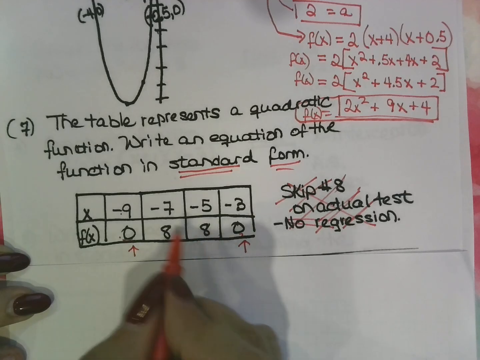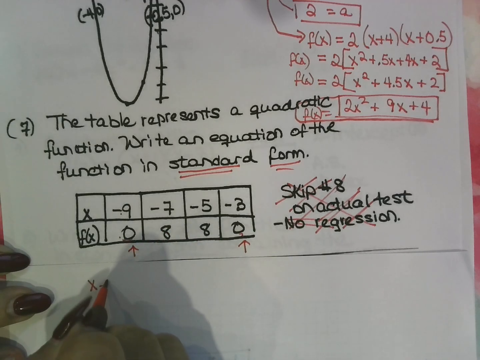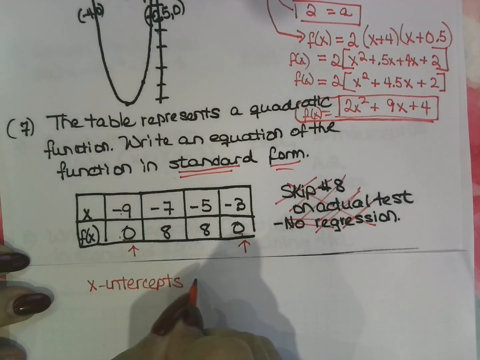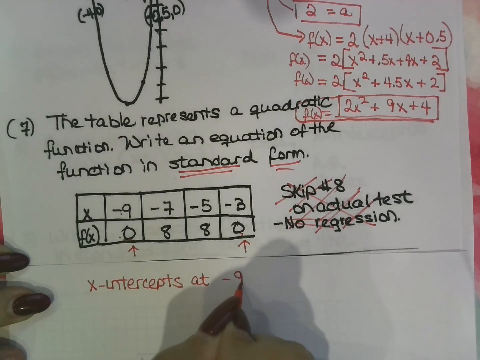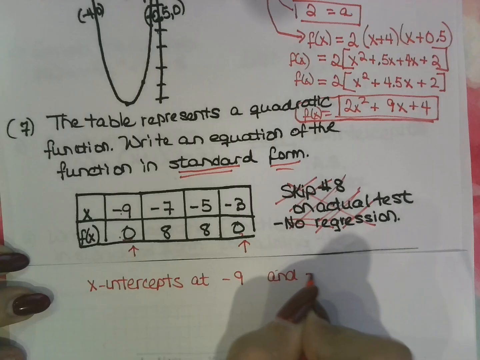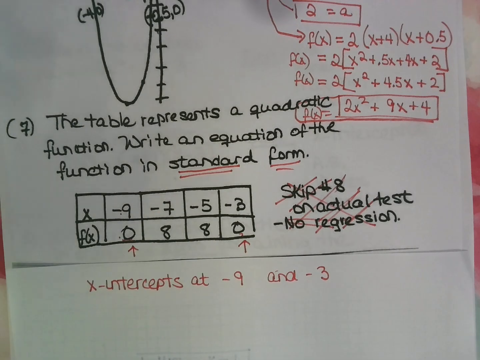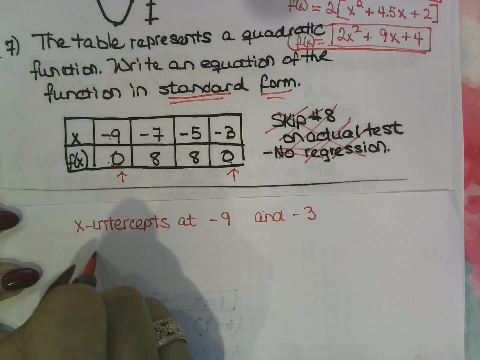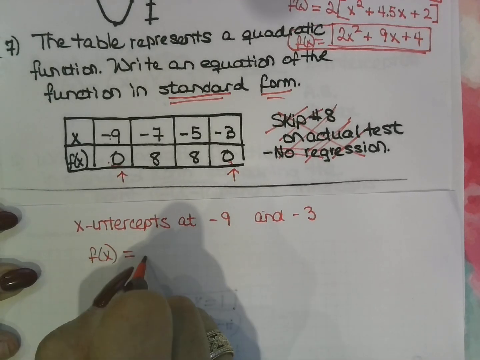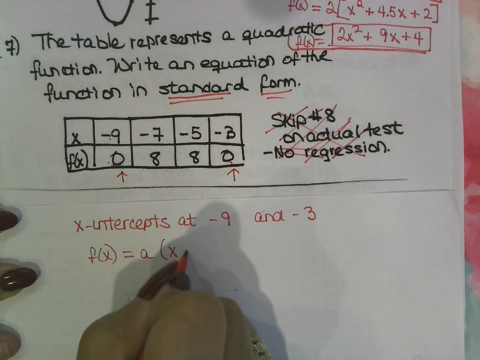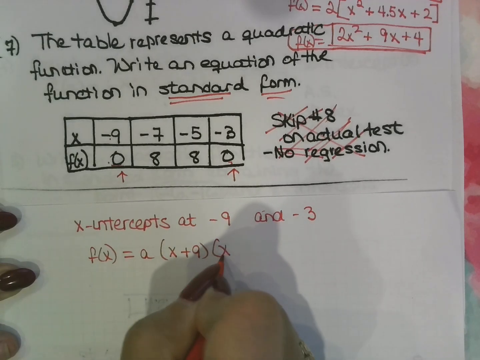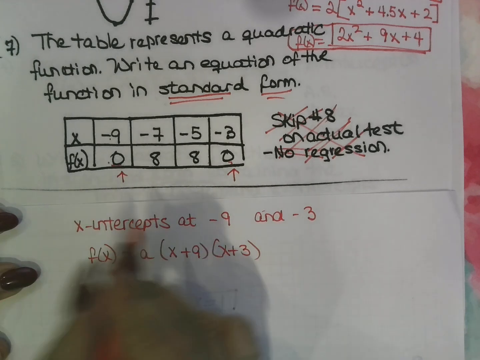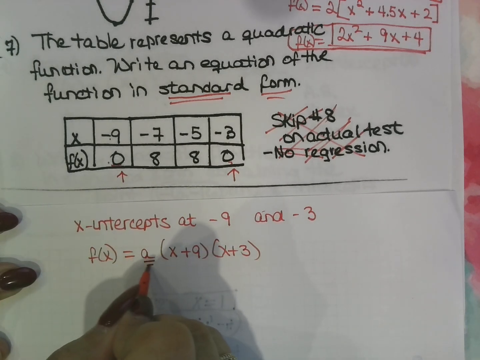So these are my x-intercepts, at -9 and -3. So again, very similar to what we just did. F of x equals a times (x plus 9)(x plus 3), right? We take the opposite of what we see there. And once again, we need to figure out what a is.